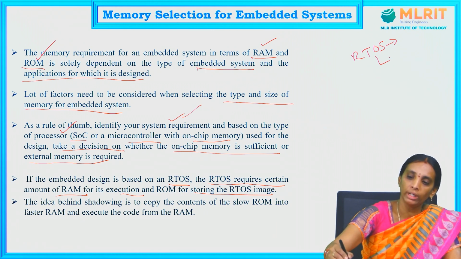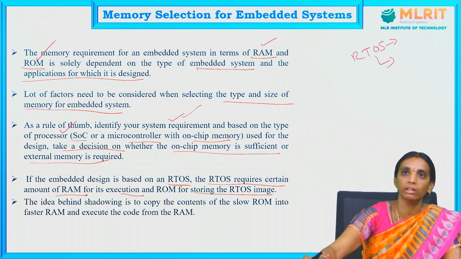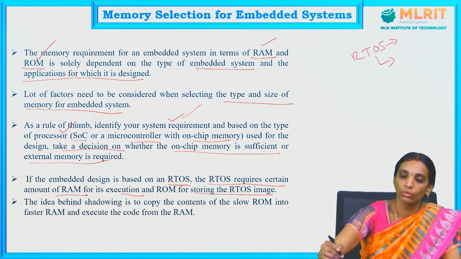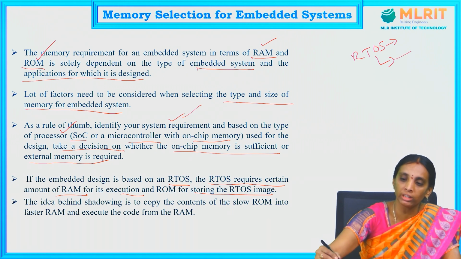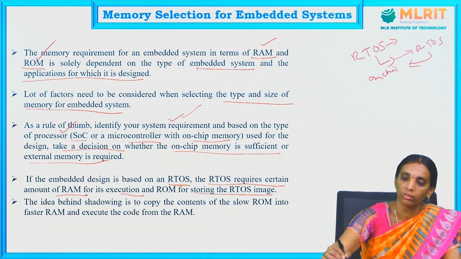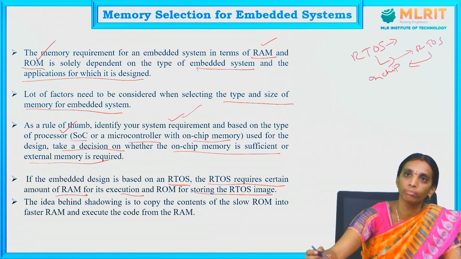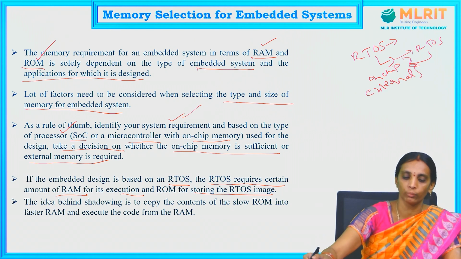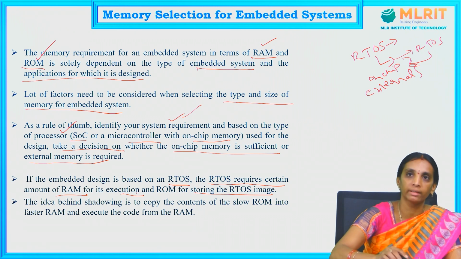We need to reserve some memory capacity for the OS, and depending on the capacity required, check whether it is possible to provide it from on-chip memory or not. If on-chip memory is not sufficient for the RTOS, then we will go for external memory. So depending on the RTOS requirement also, we need to select the memory.